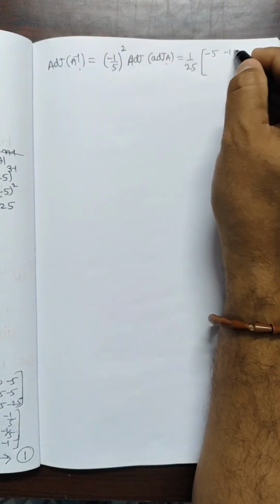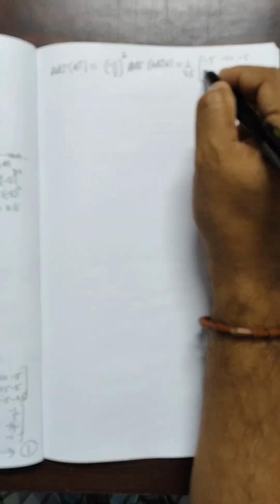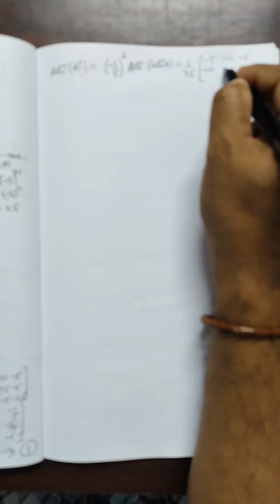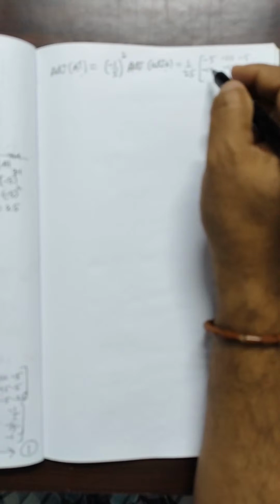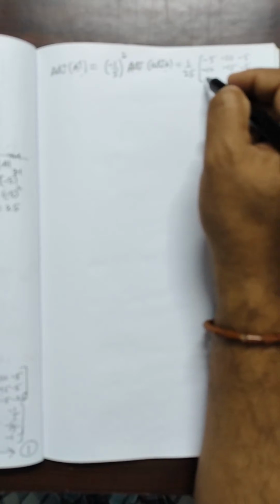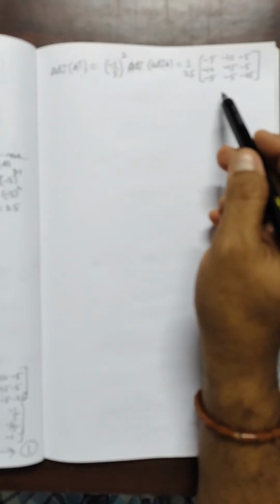Minus 5, minus 10, minus 5, minus 10, minus 15, minus 5. Next, minus 5, minus 5, minus 25. So by observing the data from 1 and 2, this is second equation. Here we applied the property, dear students.